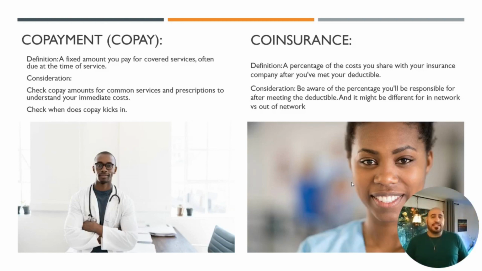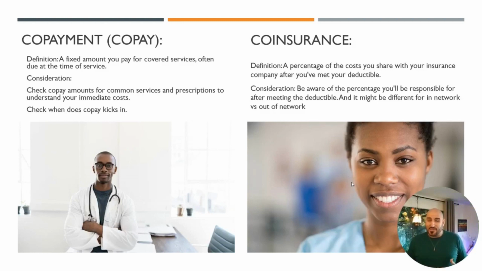Now, the co-insurance is a percentage of the cost. After you meet your deductible, and this is usually after the deductible, you will be sharing the cost. So the insurance will be paying, for example, 80%, and you'll pay 20% of that visit or that medication. Be aware of the percentage as well. Some are different for in-network versus out-of-network, and from visit to visit.